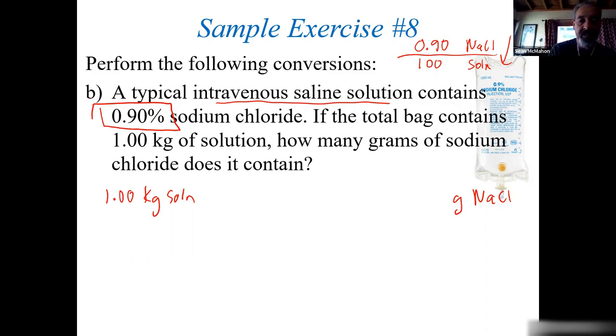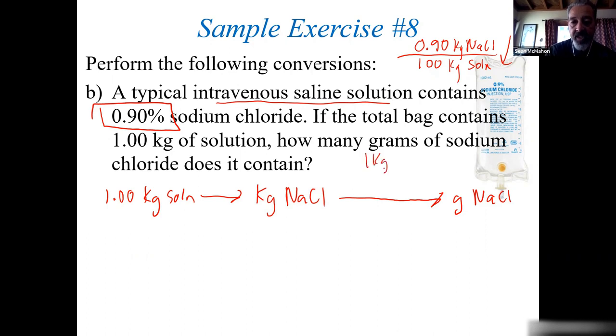From kilograms of solution, I can go to kilograms of sodium chloride. There's 0.9 kilograms of sodium chloride per 100 kilograms of solution. And then from kilograms, I can go to grams because of the metric system. In 1 kilogram, there's 1,000 grams.